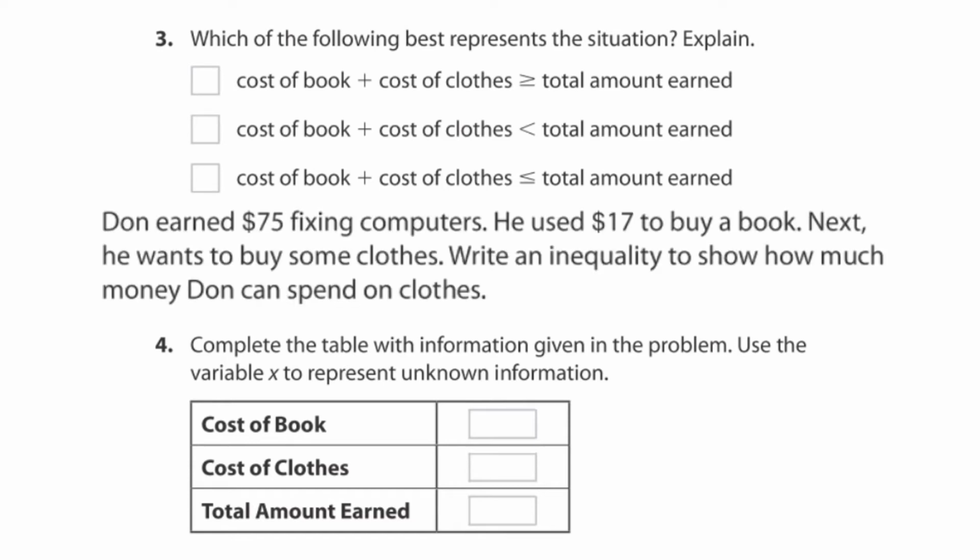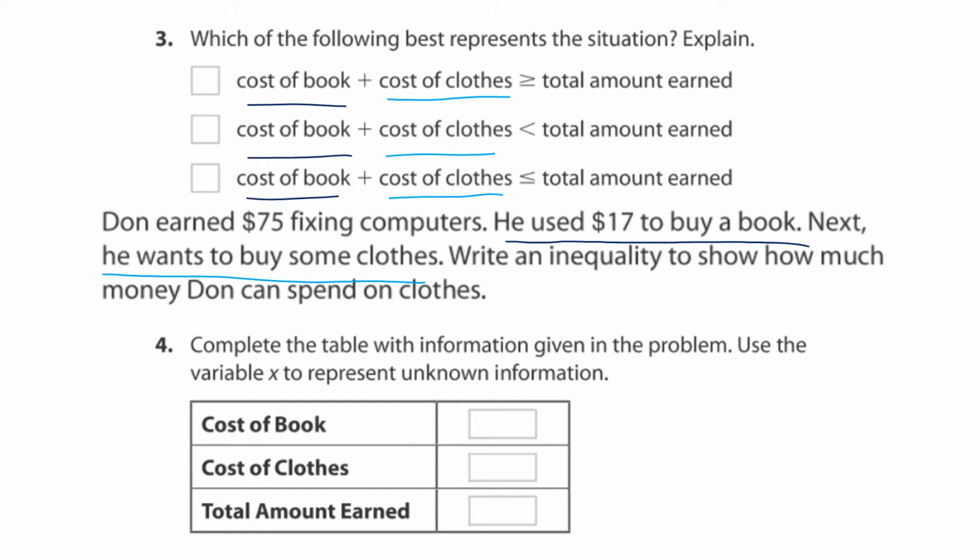Here's the problem again. He is spending money to buy a book. He's spending money to buy some clothes. That's what he's spending. So the clothes, plus the book.